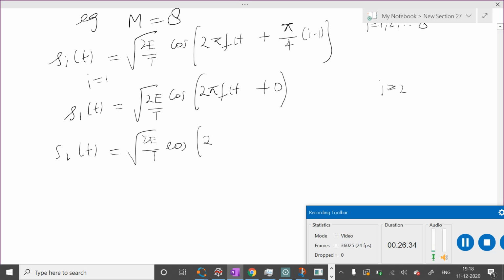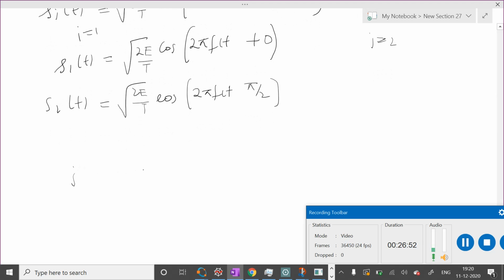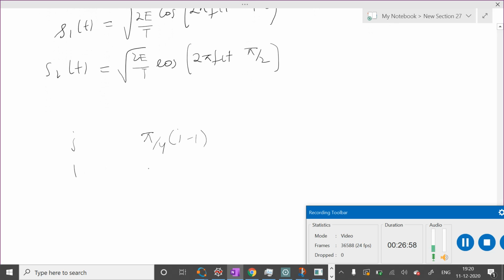If you give i equal to 2, S2 of t is cos of 2 pi fct plus, and the phase becomes pi by 4. In particular, with the phase pi by 4 into (i minus 1): i equal to 1, it becomes 0. I equal to 2, it becomes pi by 4. I equal to 3, it becomes pi by 2.